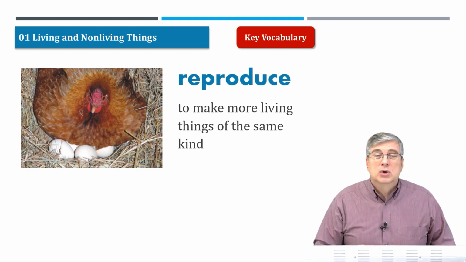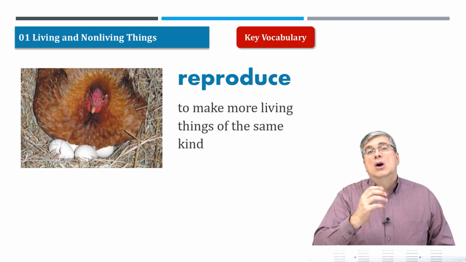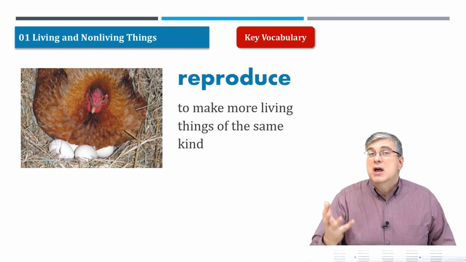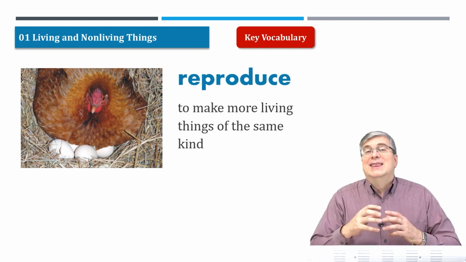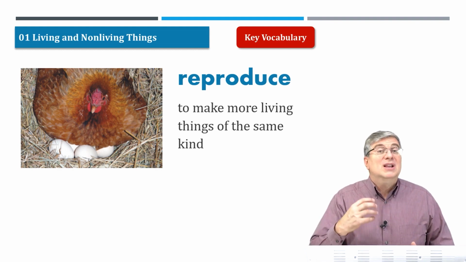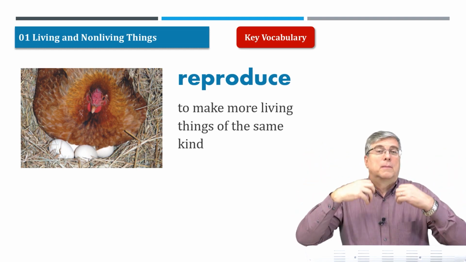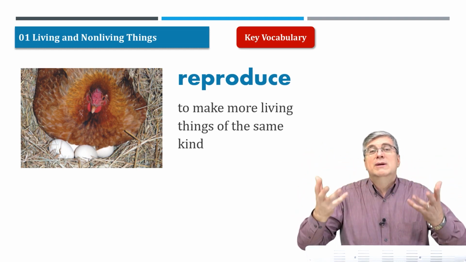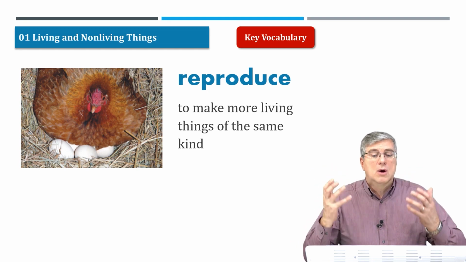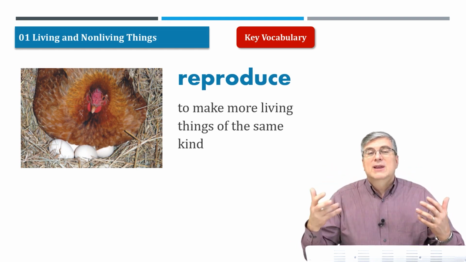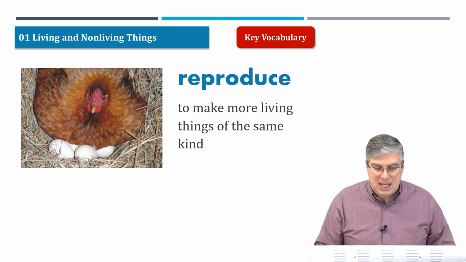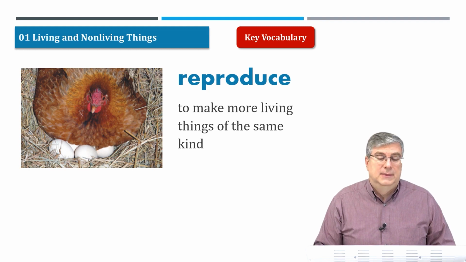That means you will reproduce, right? When your dog gets older, it can meet another dog, become a parent, and they will have children, right? Plants, when they get older, they send out seeds or pollen and they will reproduce and more plants will grow. So to make more living things of the same kind, that's to reproduce.